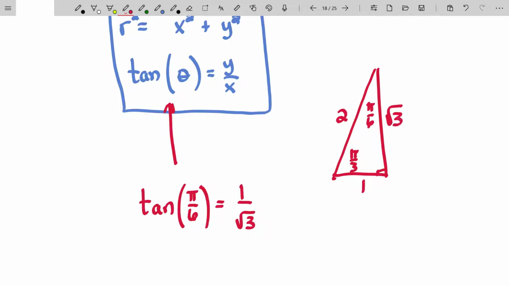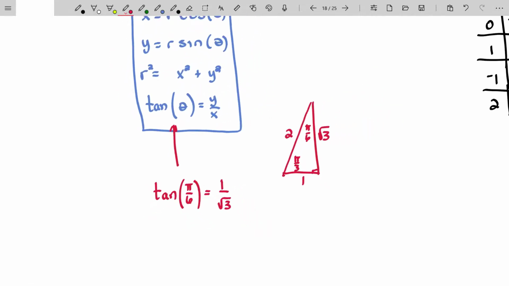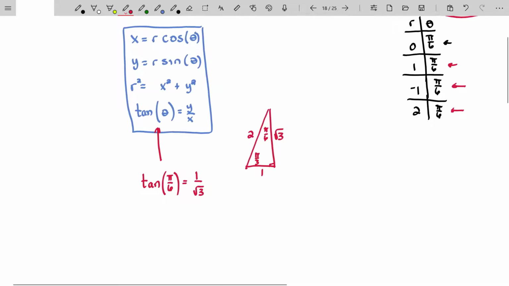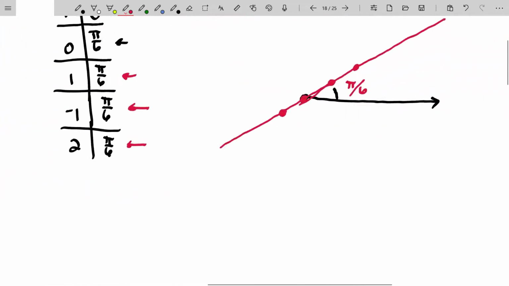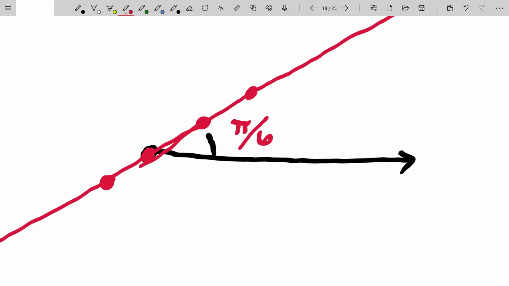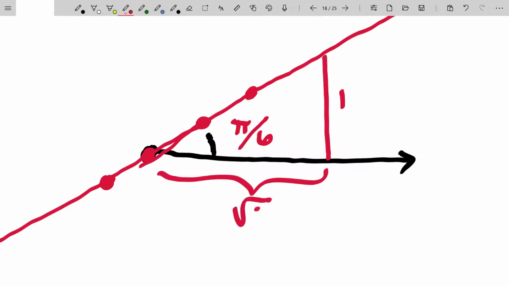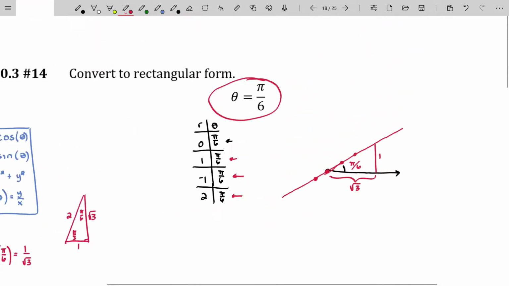The tangent's opposite over adjacent, so that's 1 over root 3. And so this just tells us the ratio of y to x is always 1 over root 3. The rise is 1 for the run of root 3. And so it is a line with slope 1 over root 3. It rises 1 for every root 3 it runs. And that's not actually the way I would like to do this problem, but that is true.